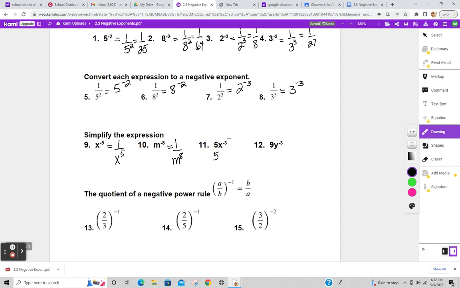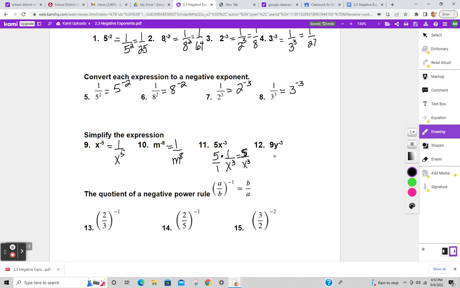This is the one that has a negative power. So that's going to be 1 over x cubed. And then we can simplify that a little bit further, turn this into a fraction. 5 times 1 is 5, and 1 times x cubed. I'm sorry, I meant 5 here. x cubed. So it's 5 over x cubed.